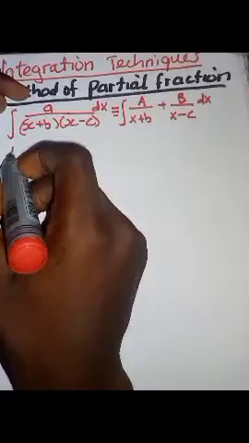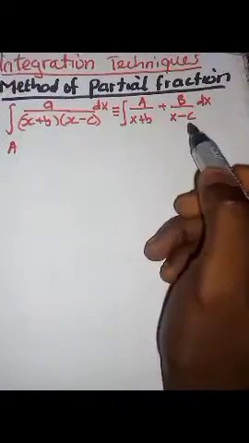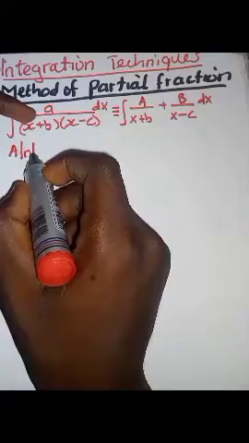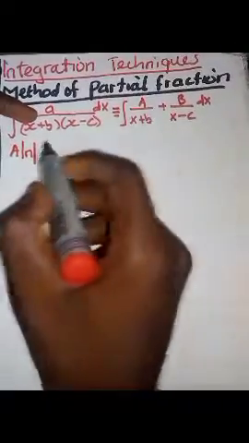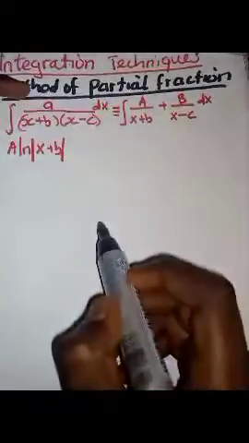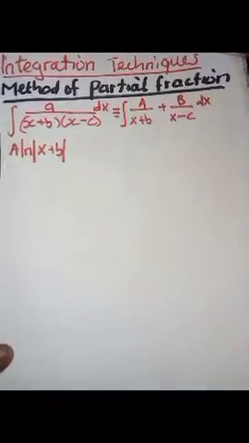I'm going to have A, then I see that x plus b is a linear factor, so I'm simply going to have the natural log of the absolute value of x plus b. Then the chain rule says that we multiply by the derivative of x plus b, and the derivative of x plus b is just 1. So dividing by 1 makes no difference.